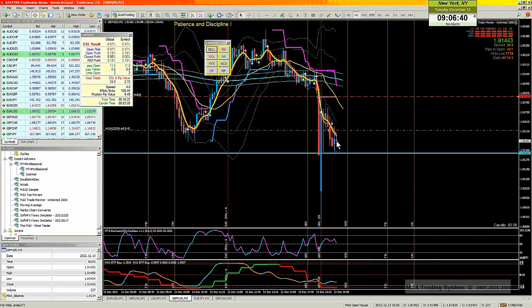Let's see if the price will come back again on my level. And by the way, for those of you Max members who trade with the Max standard, you can see that this blue line is not a random line.